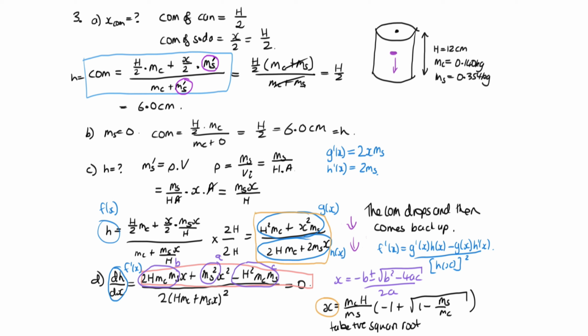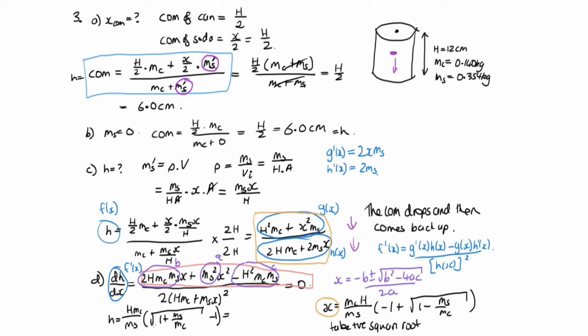When we do that and simplify, we end up with h is equal to h times the mass of the can over the mass of the soda, times the square root of 1 plus the mass of the soda over the mass of the can, minus 1.